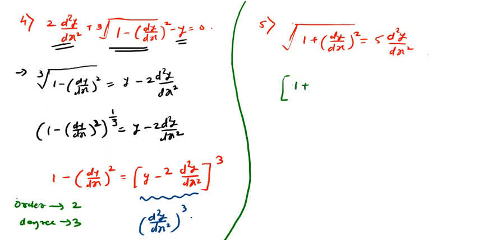Now in this next example, again you need to simplify this. This will be (1 plus (dy/dx)^2) raised to 1 by 2 is equal to 5 into d2y/dx^2 raised to 1. So raise the power by 2.